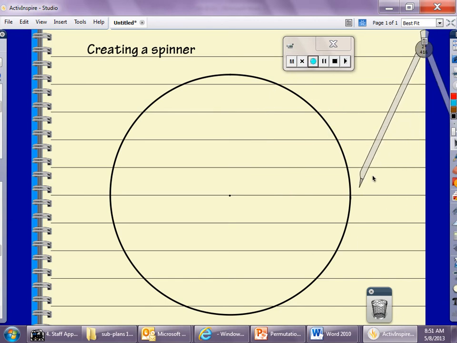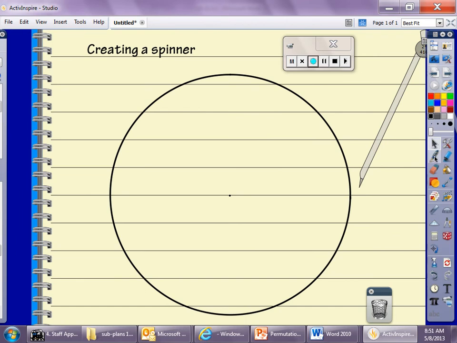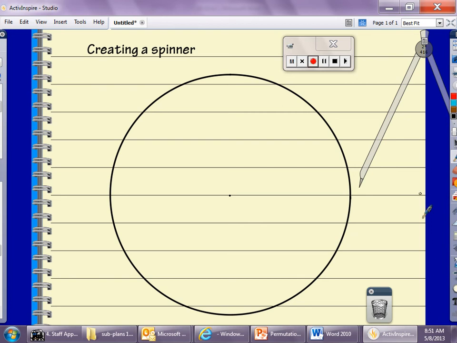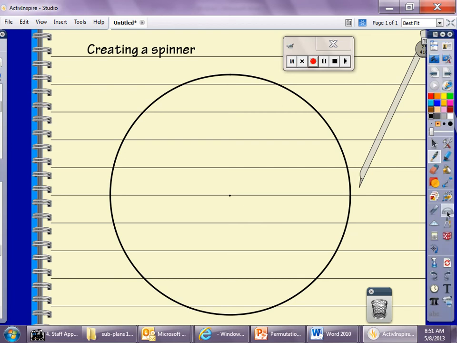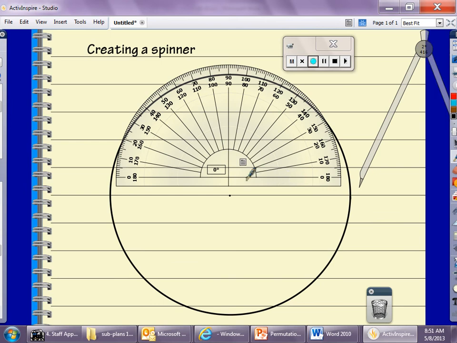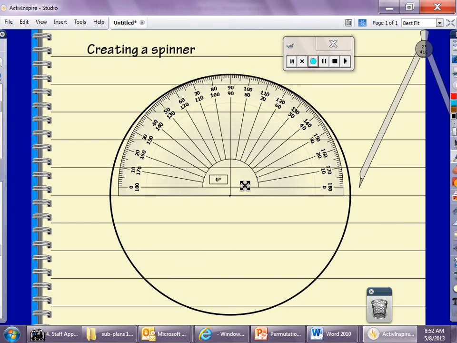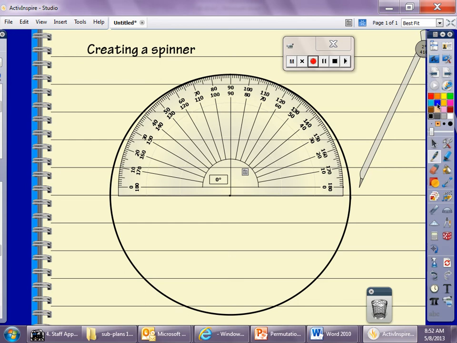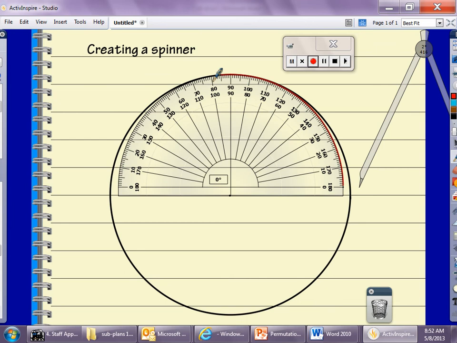Now, the math behind the circle, we need to realize how many degrees are in a circle. So here's our protractor. We line it up. We see that halfway around the circle is 180 degrees.